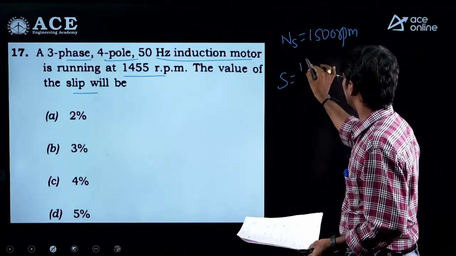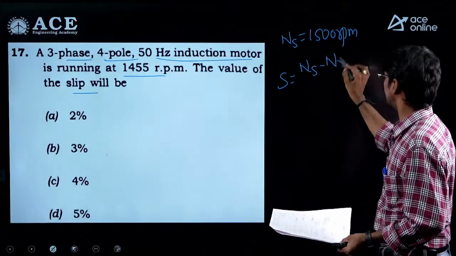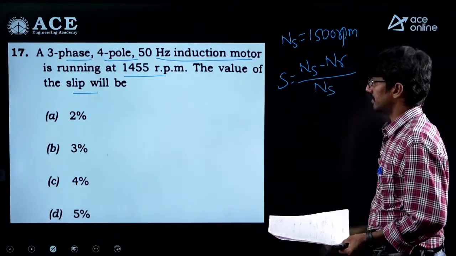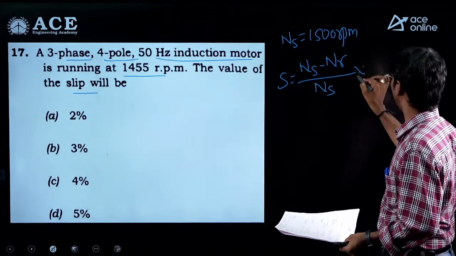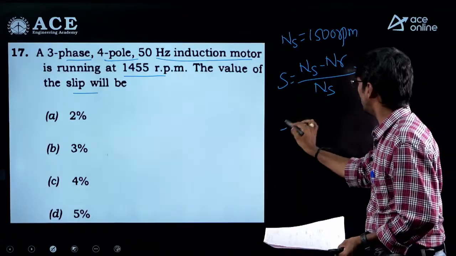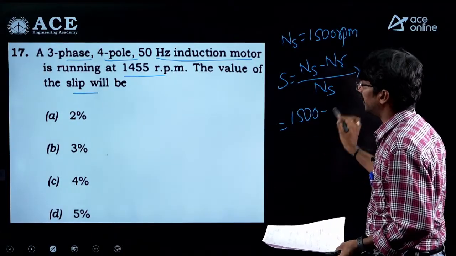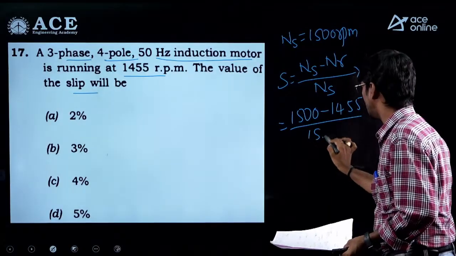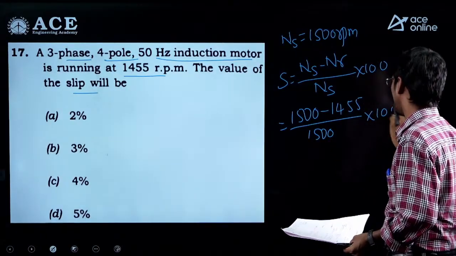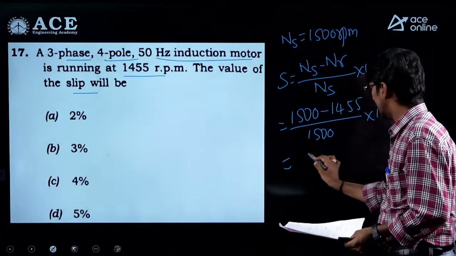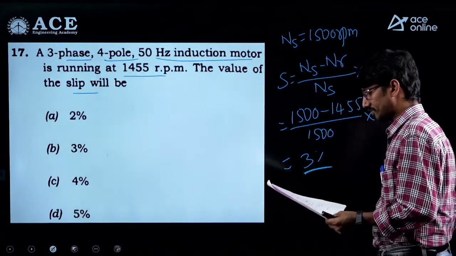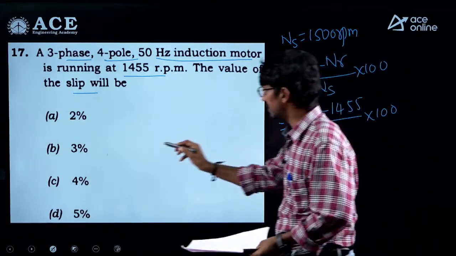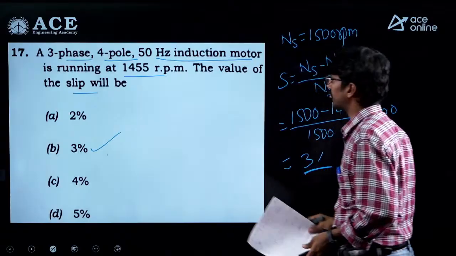Slip is equal to Ns minus Nr by Ns. He is asking in percentage, so simply 100. What is the value? 1500 minus 1455 by 1500 into 100. You are going to get the answer as 3%.